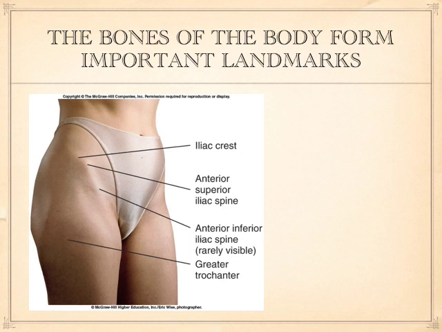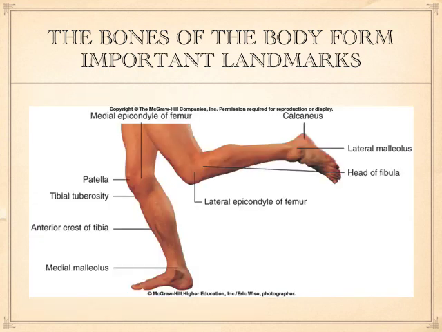An obvious one is if somebody says, put your hands on your hips, right? We all do this, don't we? And there's a bony ridge right here that runs right over this edge. It's got a name. You're going to learn it. If you come down further on the leg, there are bony lumps all over the place, right? Your kneecap sticks out, but there's bony lumps on either side of the knee.